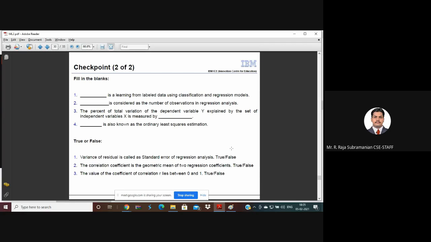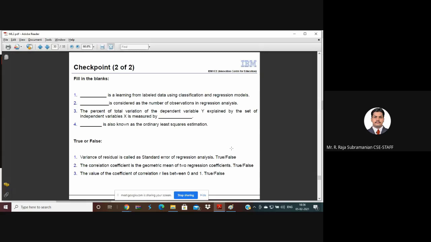Sorry. Yes, coming. Dash is considered as the number of observations in regression analysis. Yes, students, anyone?